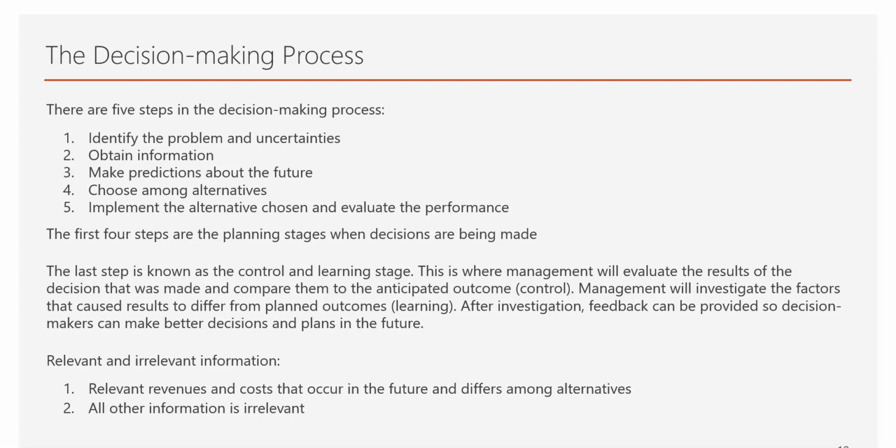For example, if I go out to buy a new car, let's say I'm going to pay $25,000 for this new Toyota. What is a relevant decision? Well, the decision would be a relevant decision in my decision-making process, whether I want to keep my piece of junk car or buy a new car. What's relevant?